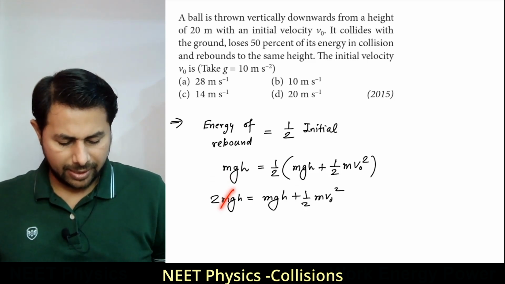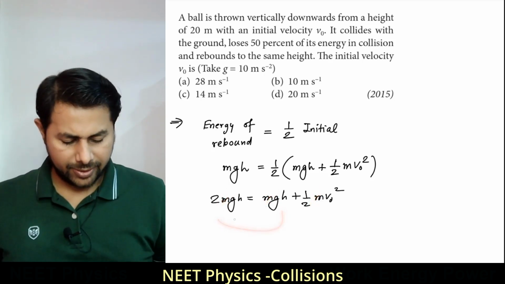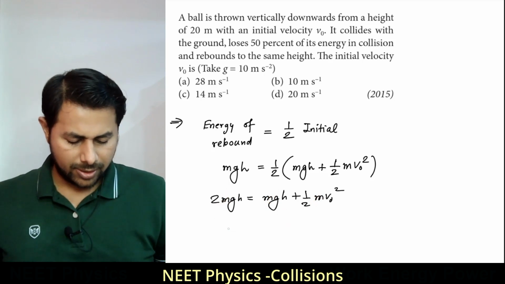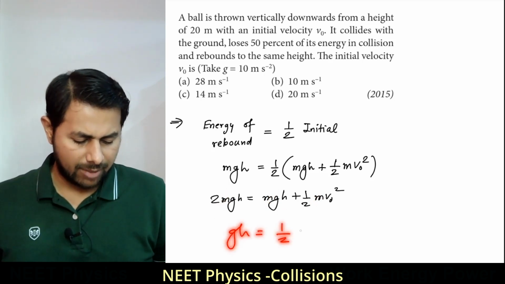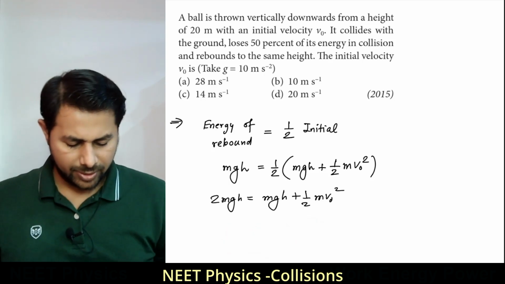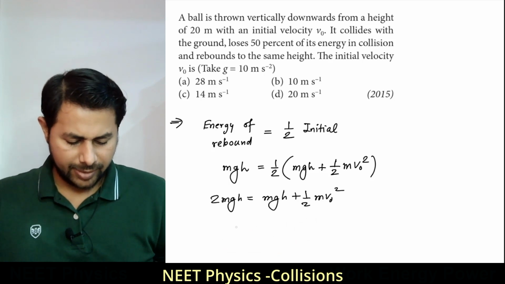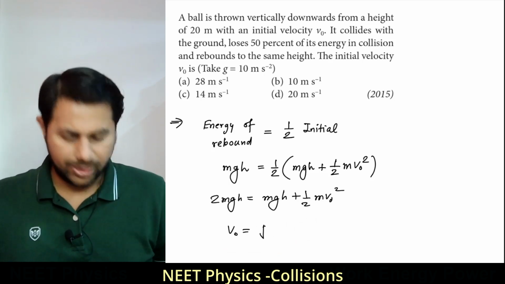You can cancel out m. Okay, move this gh on that side. So again you have 2gh minus gh, which is gh, is equal to half of v0 square. So again move 2 on that side. Okay, so you get basically v0 is equal to root 2gh.